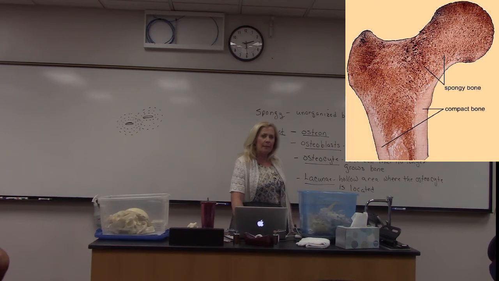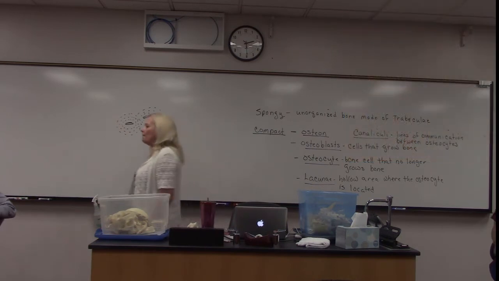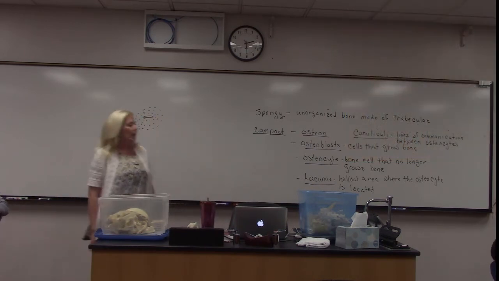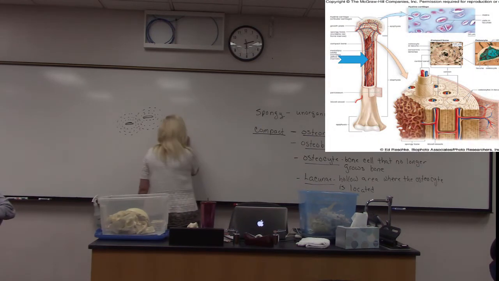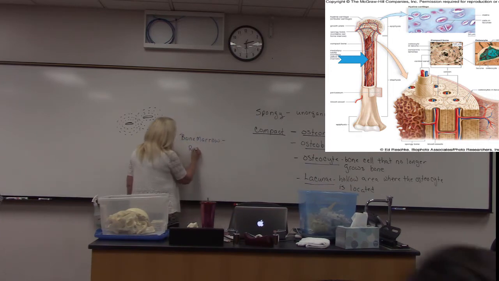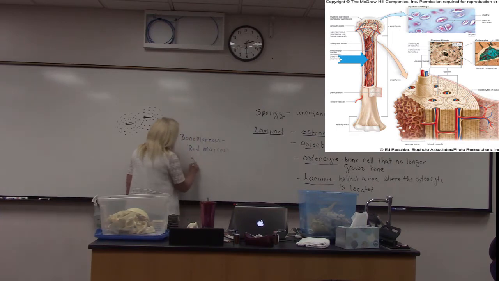Then straight down the middle of the shaft of this bone is where we have the bone marrow. Now, in the bone marrow, you have what's called red marrow, and you have yellow marrow.